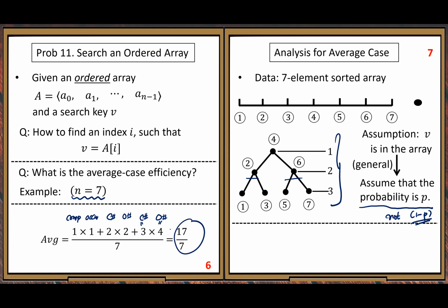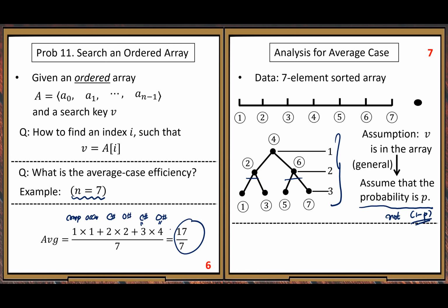So the average case efficiency is 17/7. Look at this number, right? This is just a special example. For other more general examples, we can use the same way to calculate the average case efficiency.